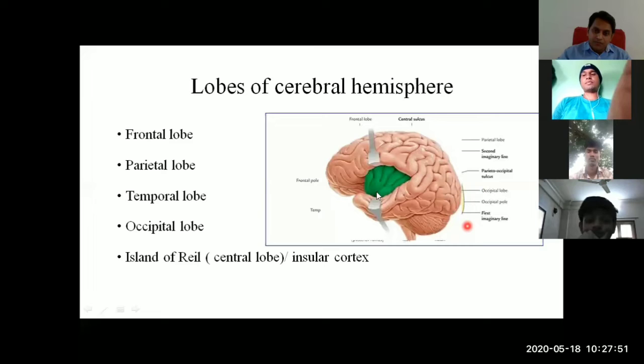The peculiarity of this is it has a sulcus around it called the circular sulcus and a space separated from here called the limen insulae. This cortex is divided into two parts by one sulcus, the sulcus centralis, into the smaller area and the larger area.